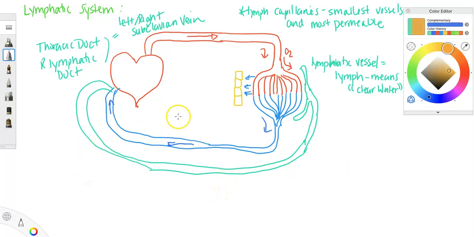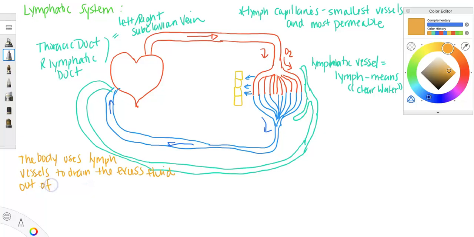All right, so the body, put this up here. The body uses lymph vessels to drain the excess fluid out of the interstitial space.